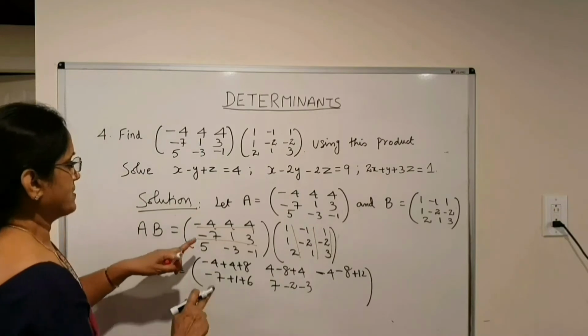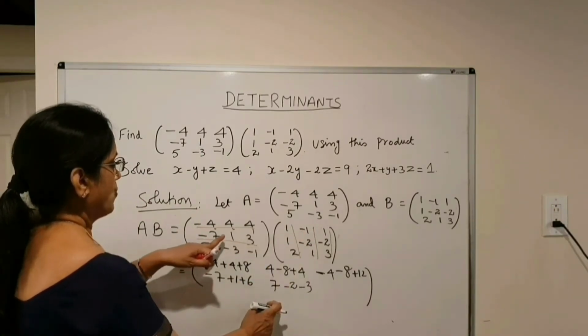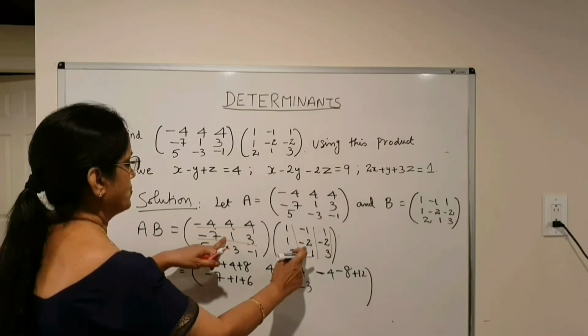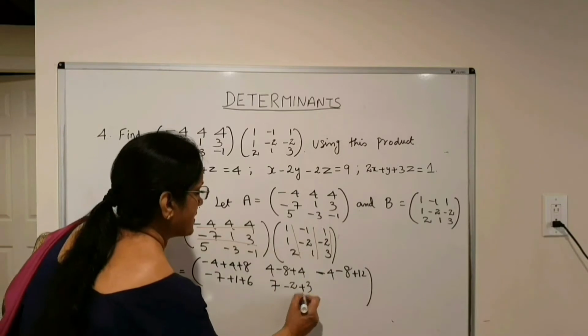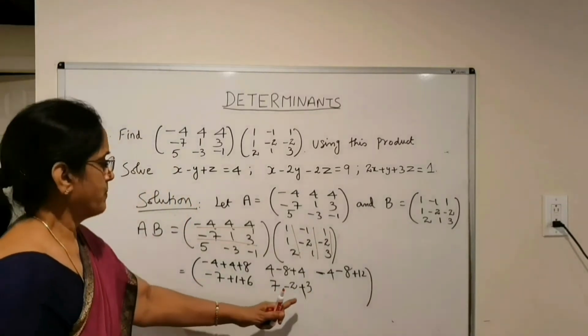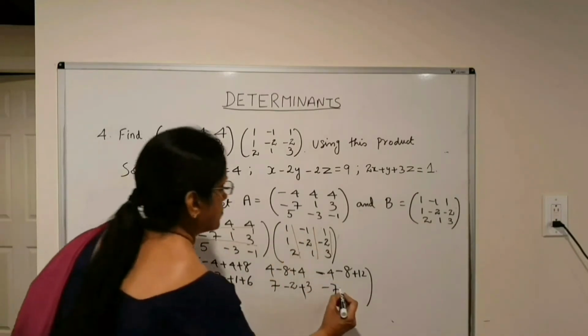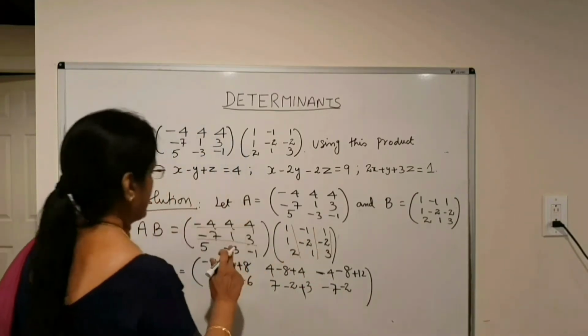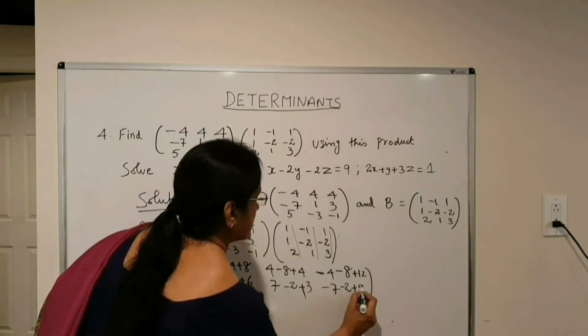One minute, let me check once again. -7 into -1, 7, 1 into -2, -2, plus 3 into 1, plus 3. I will be getting plus 3. Then -7, 1 into -2, -2, then 3 threes are 9, plus 9.